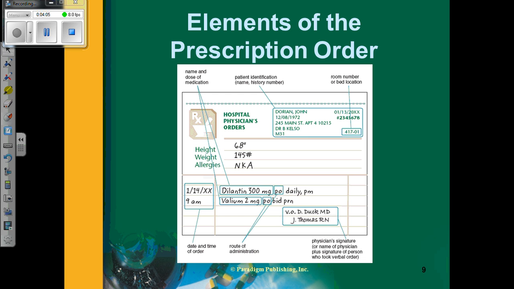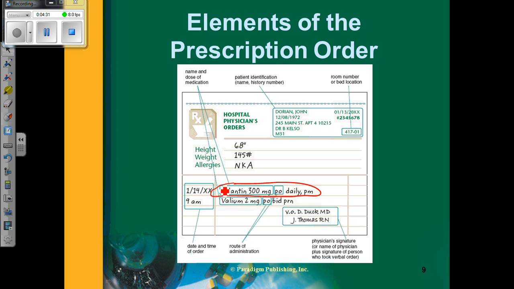This is showing you the elements of a prescription order of a hospital order. They are a little bit different because they can put more than one drug on an order, whereas in the community pharmacy in Virginia, they're only allowed to put 1 prescription on each paper. But in the hospital, on the medication order, they can put more than 1.